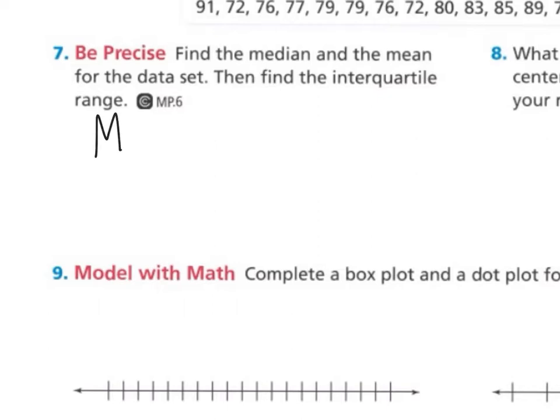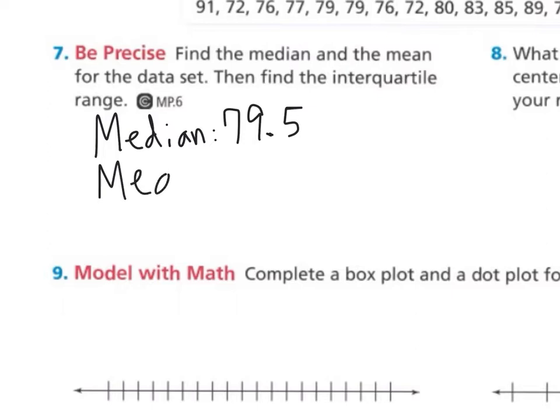I'm going to go ahead and just tell you for time's sake what is going to happen here. The median ends up, if we work it out, would be 79.5. The mean, if you remember, we add all the numbers and then divide by how many numbers there are. So the mean, if we work that out, ends up being 80.